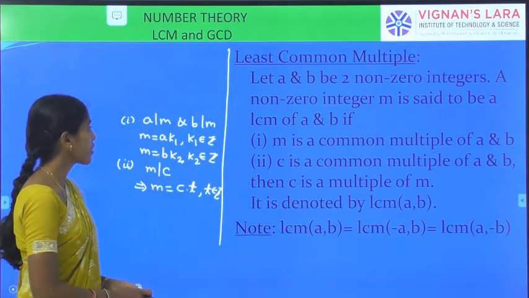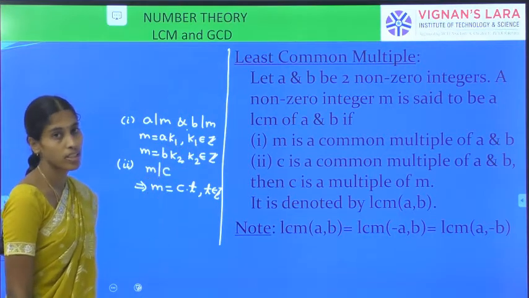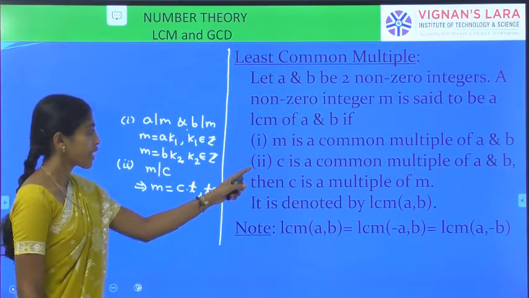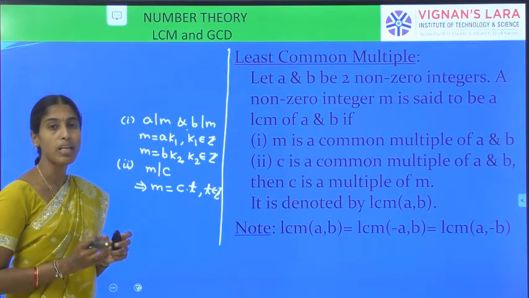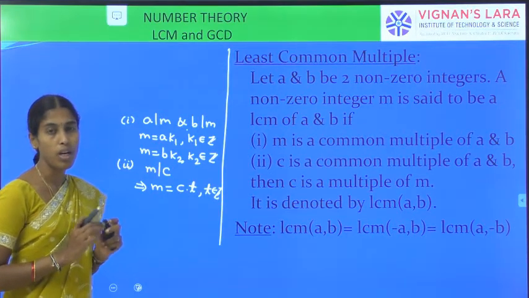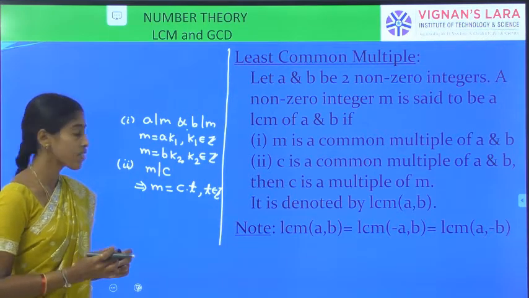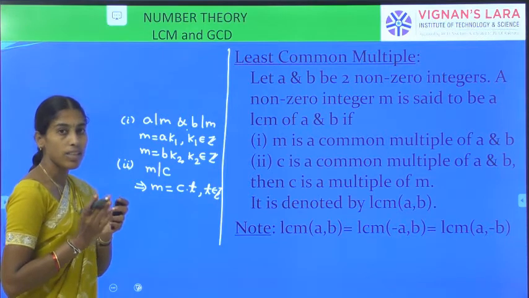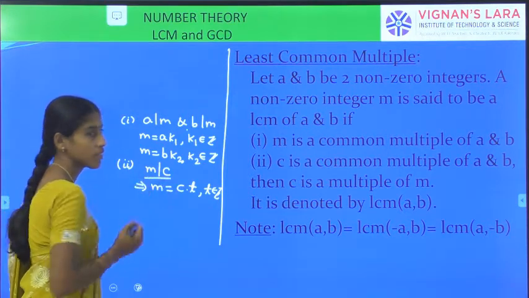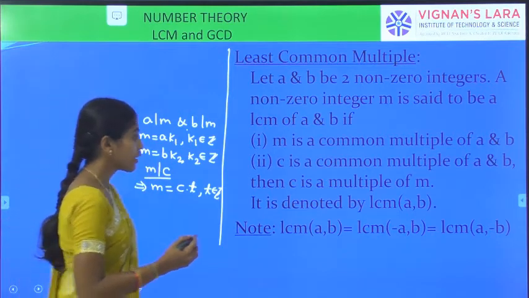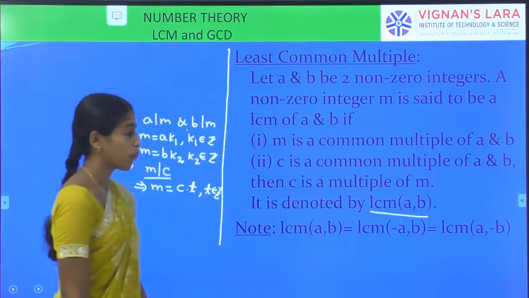In other words, A divides M and B divides M, right? So the second condition: among all common multiples, this M must be the least common multiple. The meaning of that is, if any other common multiple C exists, then the relation between that C and this M is M divides C, right? It is denoted by LCM of A comma B.